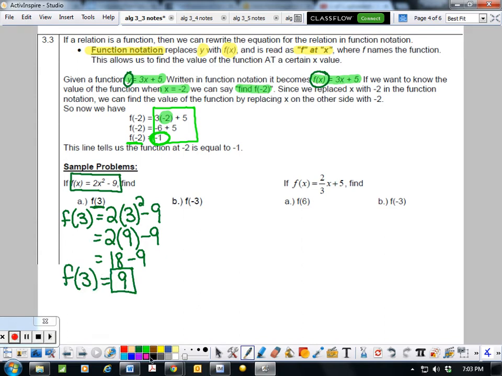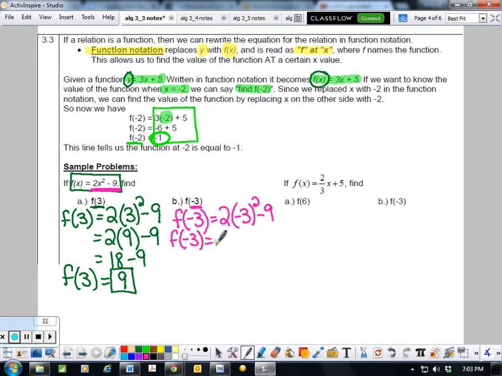So on our next one, I'm now going to plug in -3. So my function at -3 equals 2, and then in that x spot, and remember I'm getting that function from right up here, 2 times -3 squared minus 9. So again, like our last problem, we do our exponents first. That's order of operations.